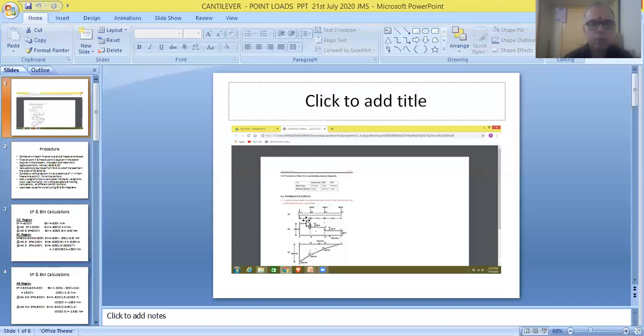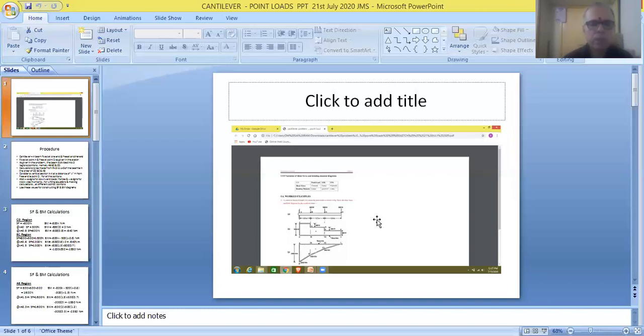So the left end of the beam is fixed in position, and the right end of the beam is free in position. So it is fixed at one end and free at another end.